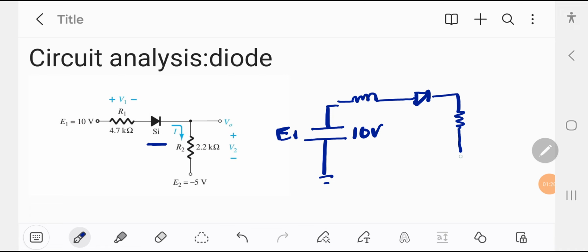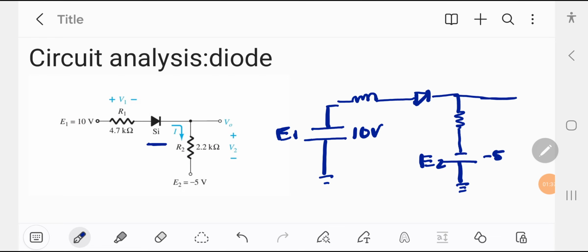This one is a 5 volt voltage which is connected to the ground, so minus 5 volt E2.